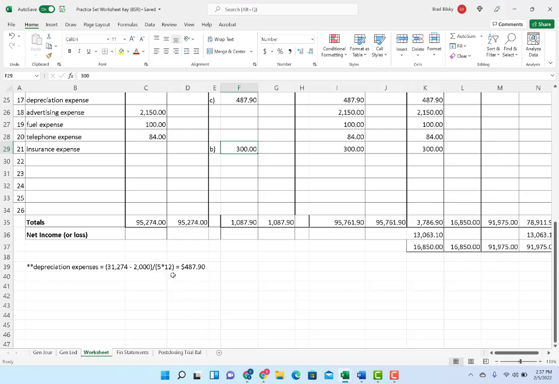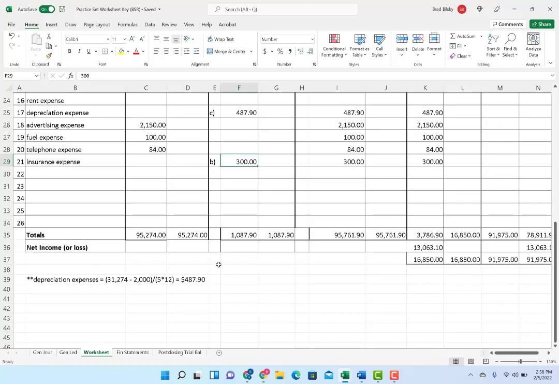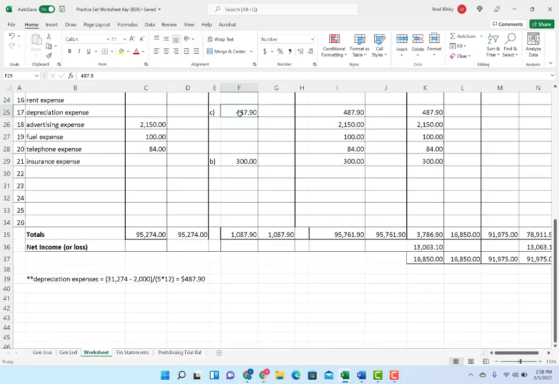And notice we're doing a monthly statement here. So we have it for 5 years, but I'm looking at how much expense I'm going to take for this particular month. So I take the number of years, 5 times 12, and I'm basically dividing by 60. So the amount of depreciation I'm going to take each month is $487.90.